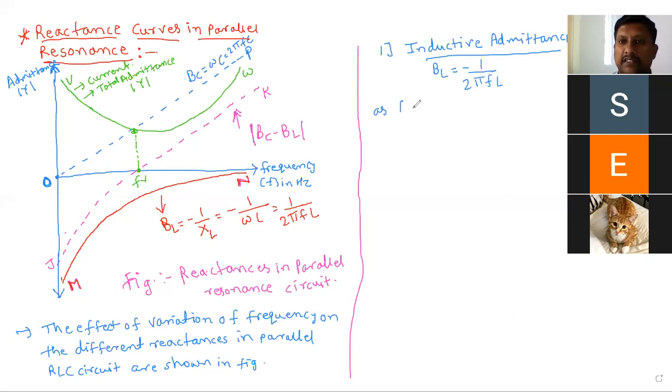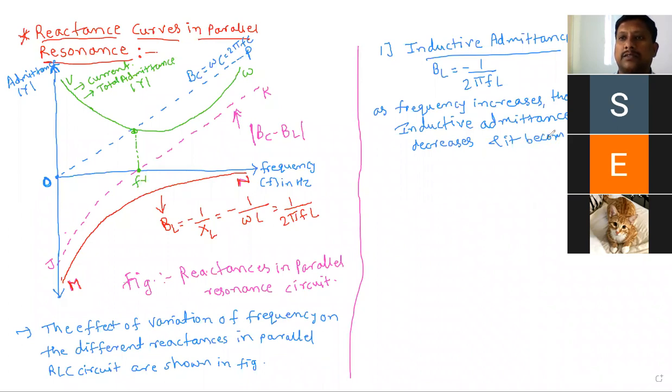So as frequency increases, the inductive admittance decreases, and it becomes zero at frequency f equal to infinity.